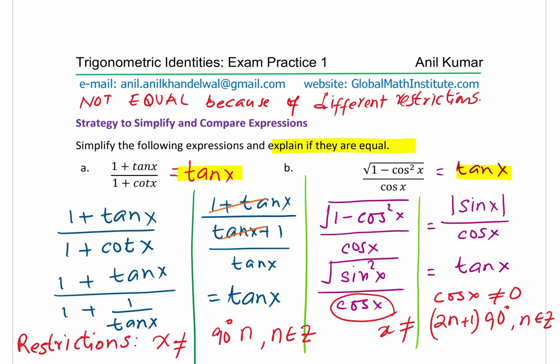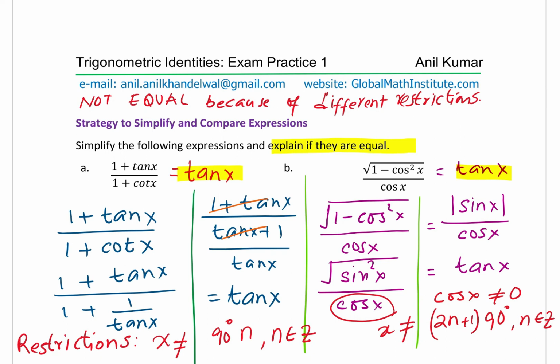If the two equations are being compared where the value of x is not an integral multiple of 90 degrees, in that case they will be equal, but not as shown here.